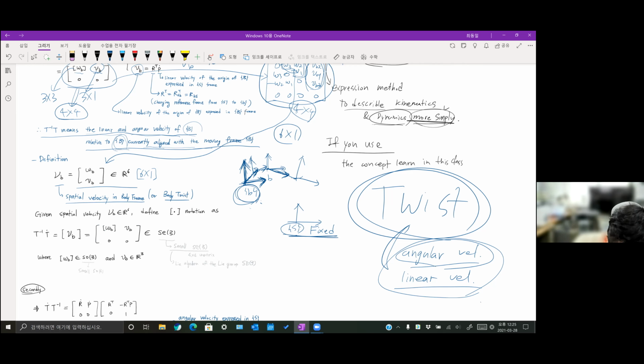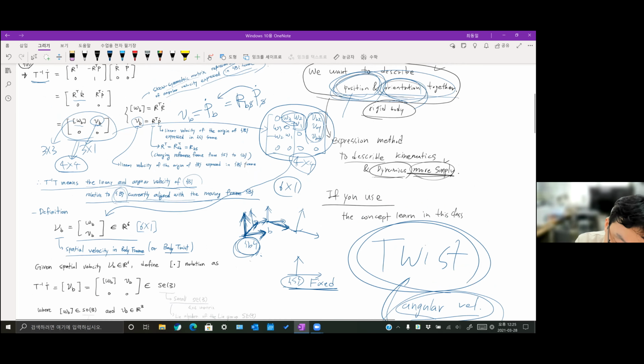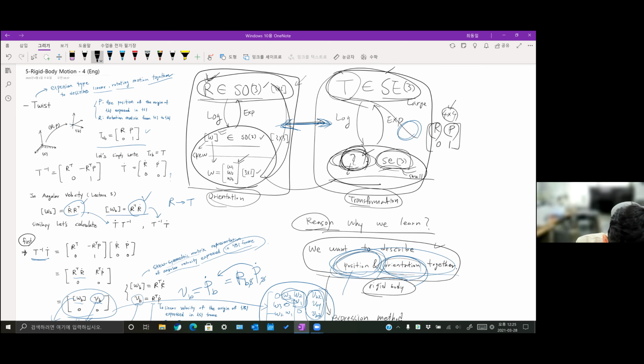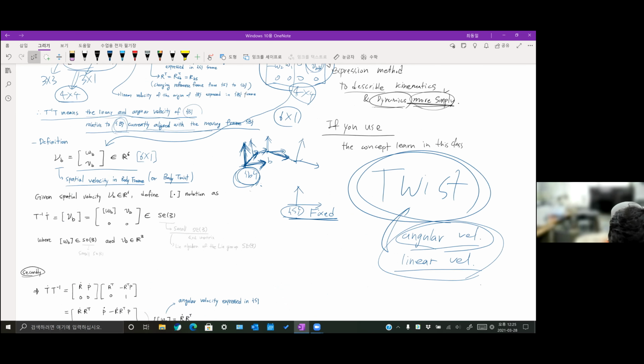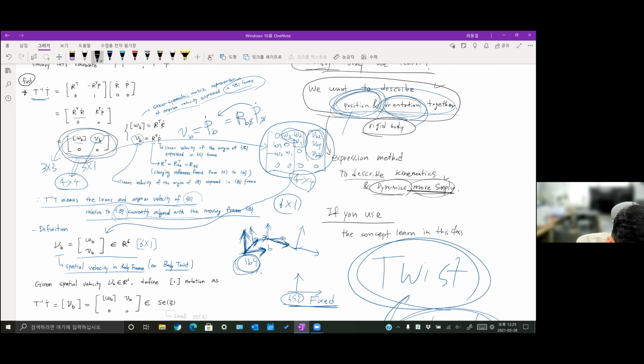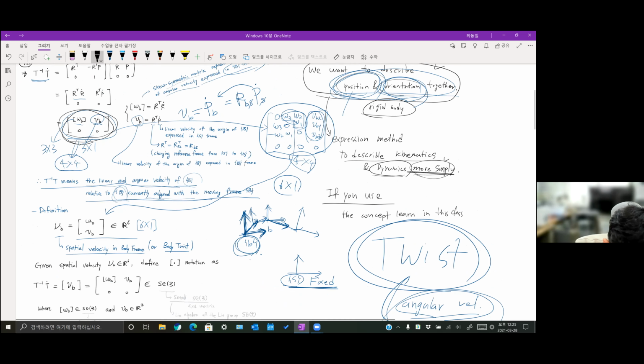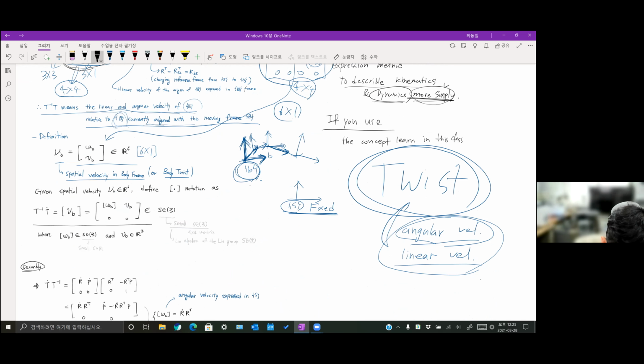So here we get the small se3. Here I introduced small se3. What is the small se3? This 4x4 matrix is small se3. A more correct expression is the Lie algebra of the Lie group large SE3.